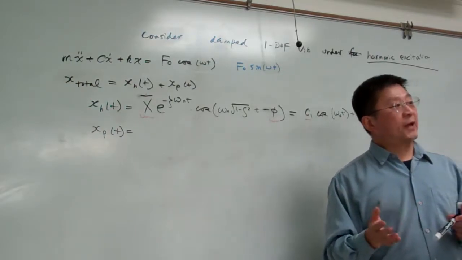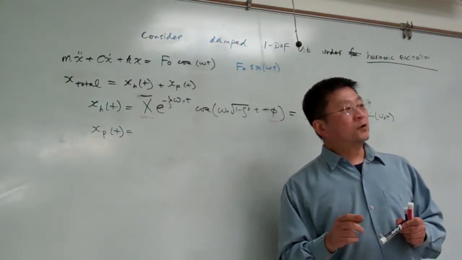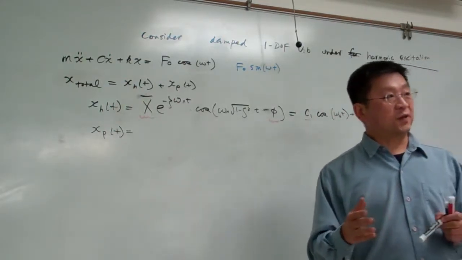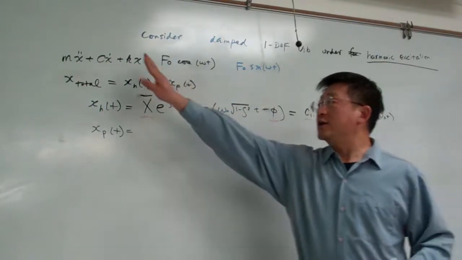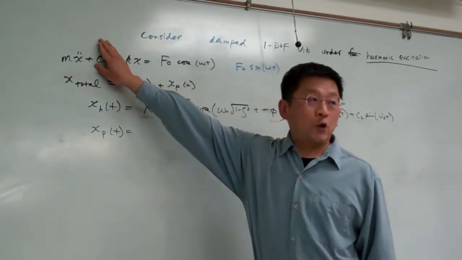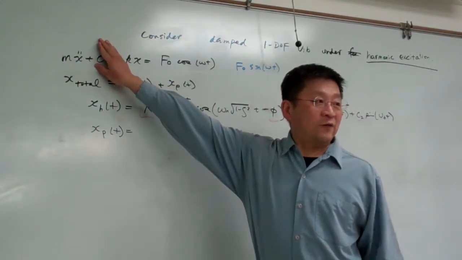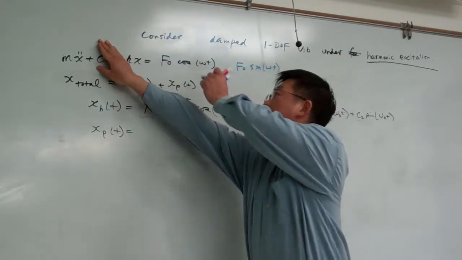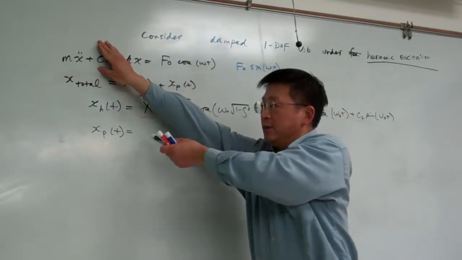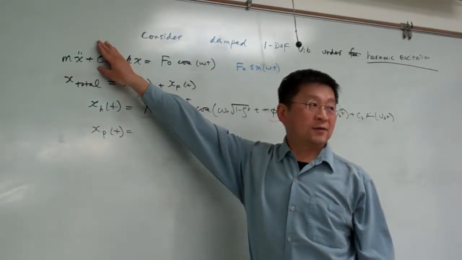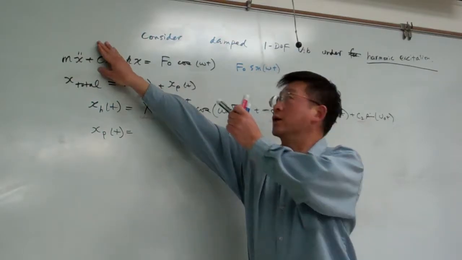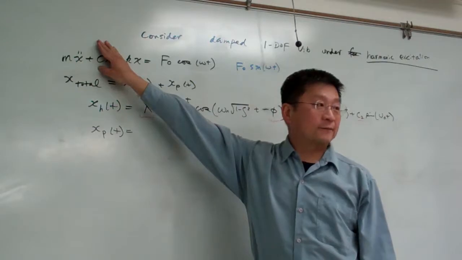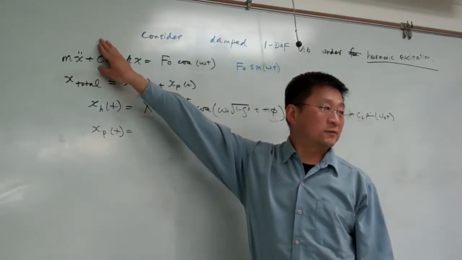When we did the undamped system, if you remember, we assumed the particular solution, or steady state response, in the same form. If you turn your notes a few pages earlier, if we have a cosine, then the particular solution is simply in cosine. If the excitation is in sine, then our particular solution is in sine. That is for undamped.